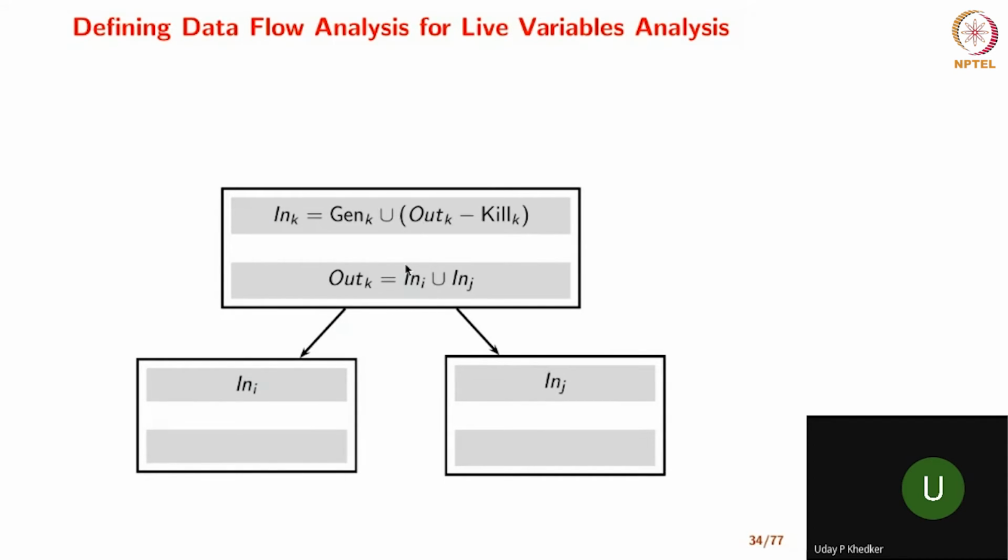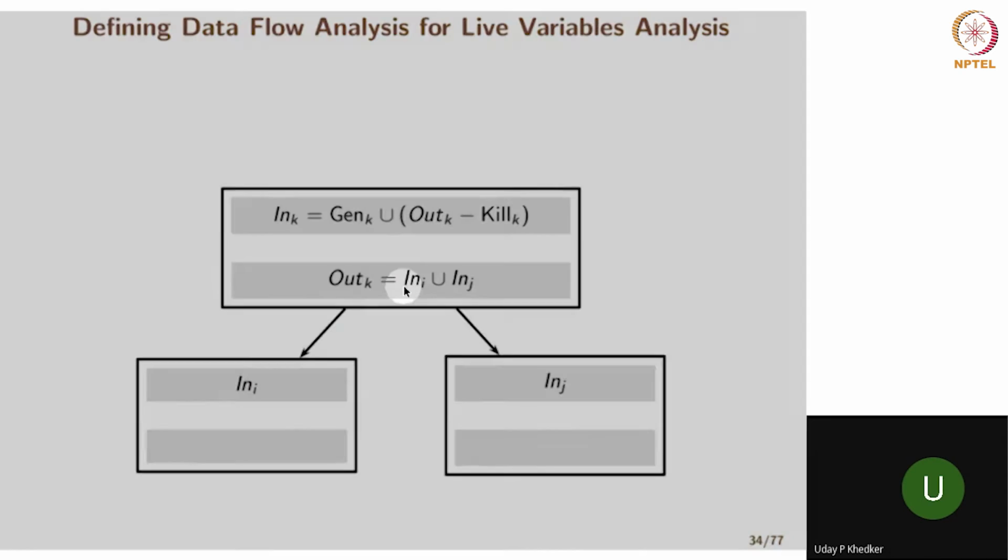How do we define that? Recall that we had said that a variable is live at the exit at a program point if it is used along some path. Which means that if a variable is contained in the set in I, it must be contained in the set out k.